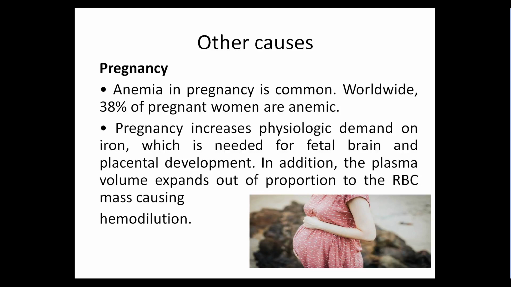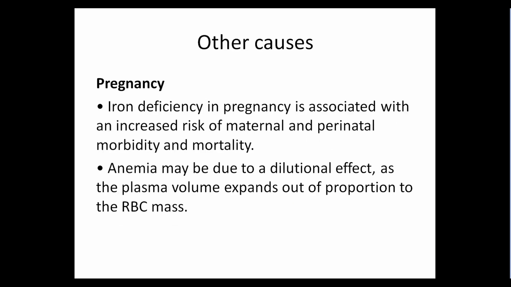Pregnancy. Anemia in pregnancy is common worldwide. 38% of pregnant women are anemic. Pregnancy increases physiological demands on iron, which is needed for fetal brain and placental development. In addition, the plasma volume expands out of proportion to red blood cell mass, causing hemodilution. Iron deficiency in pregnancy is associated with an increased risk of maternal and perinatal morbidity and mortality.